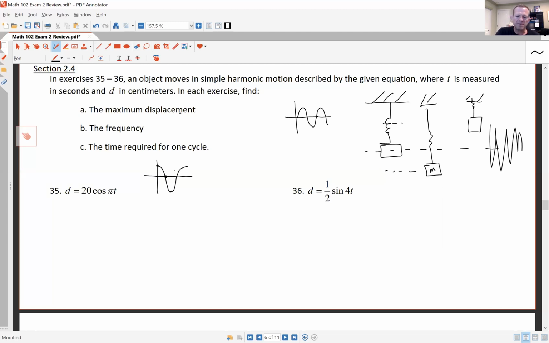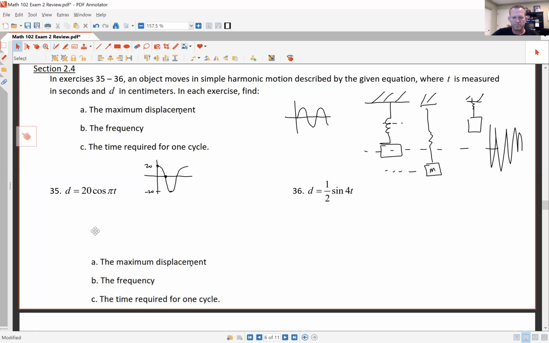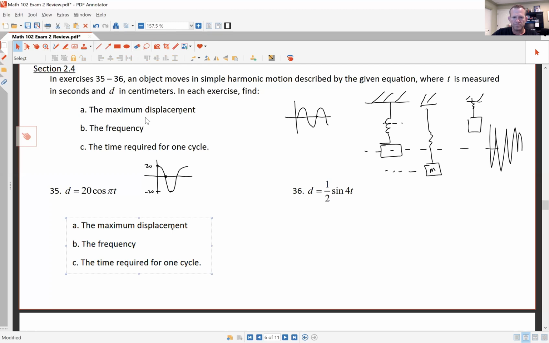And so the maximum displacement of this, if it gets up to 20 and down to negative 20, the maximum displacement it's ever going to get is 20. And that's in centimeters.